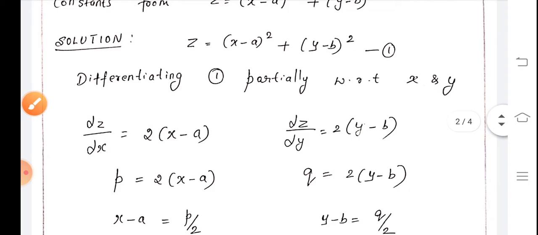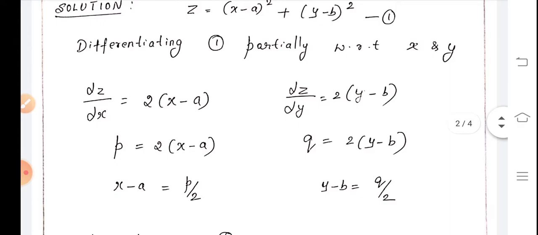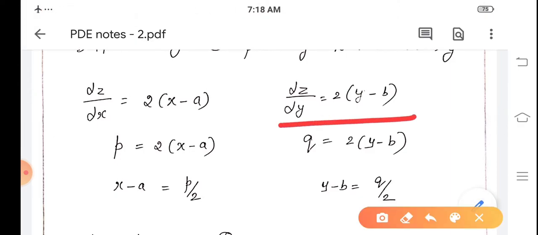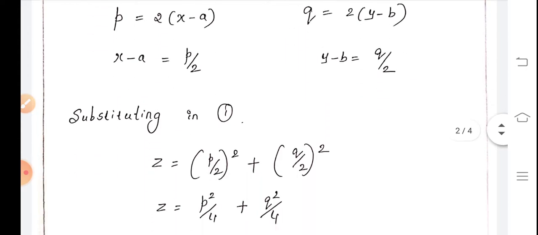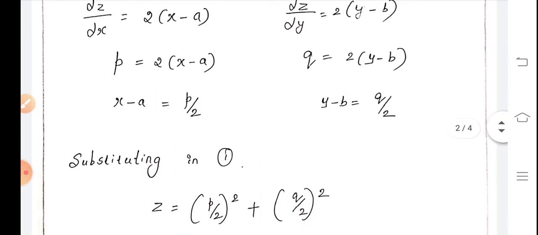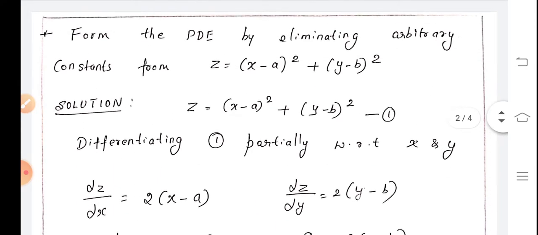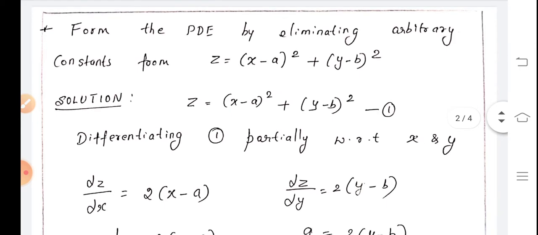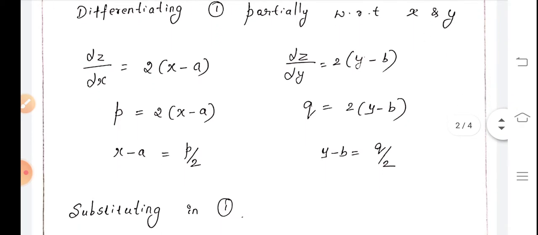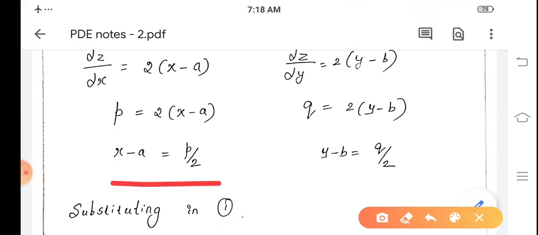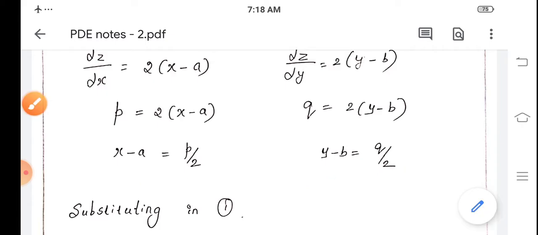Similarly, differentiating equation 1 partially with respect to y, we get dou z by dou y equal to 2 into y minus b, or q is equal to 2 into y minus b. Then we write y minus b is equal to q by 2. Now, to eliminate arbitrary constants a and b from the given relation, directly we can substitute for x minus a and y minus b using x minus a is equal to p by 2, y minus b is equal to q by 2.